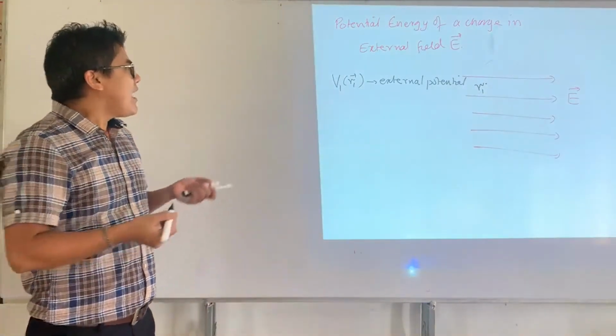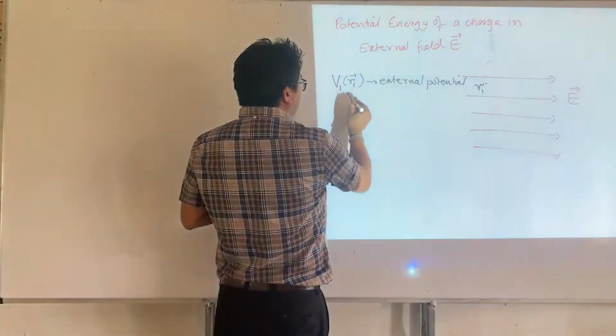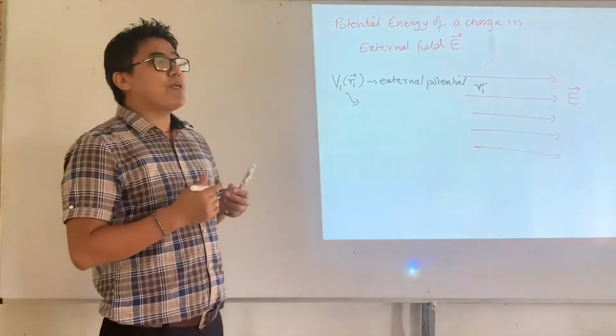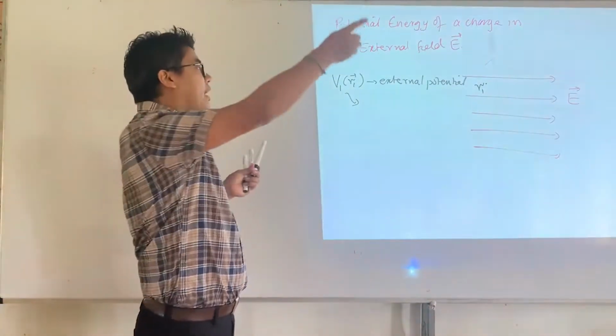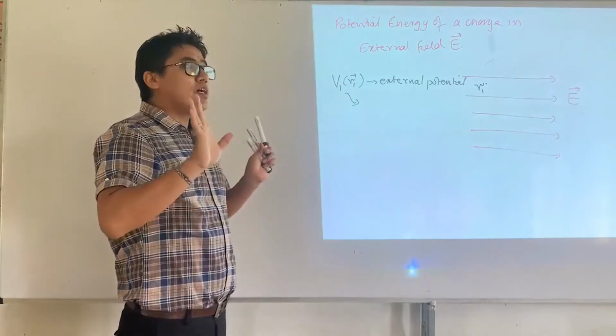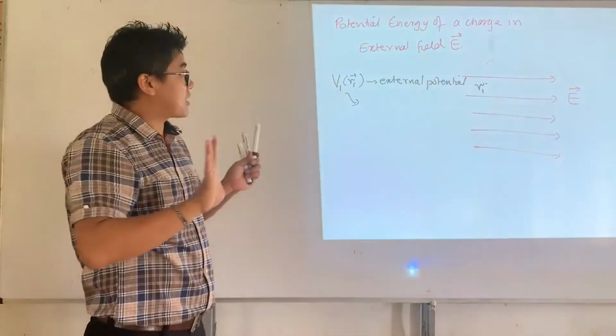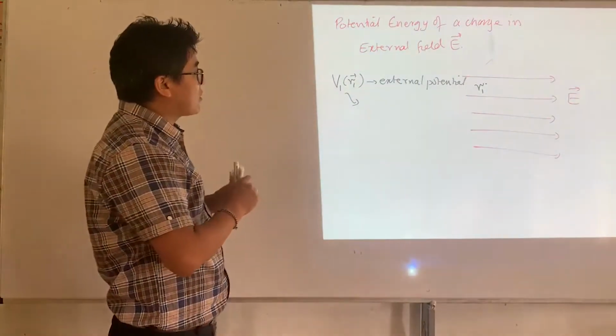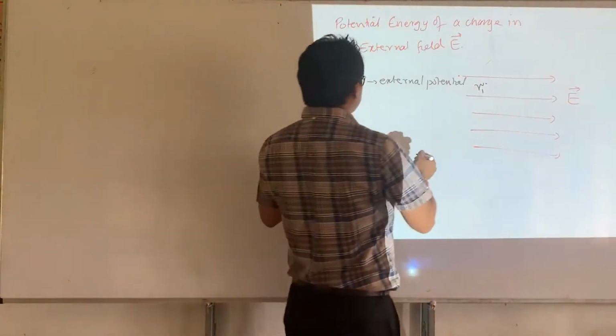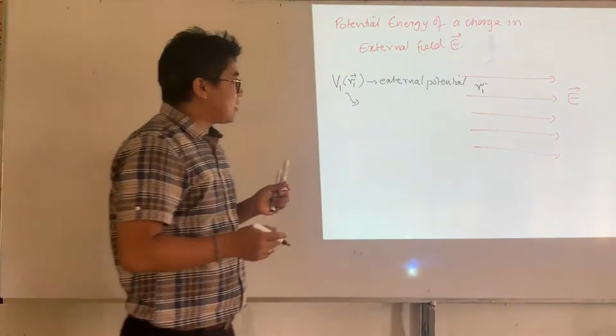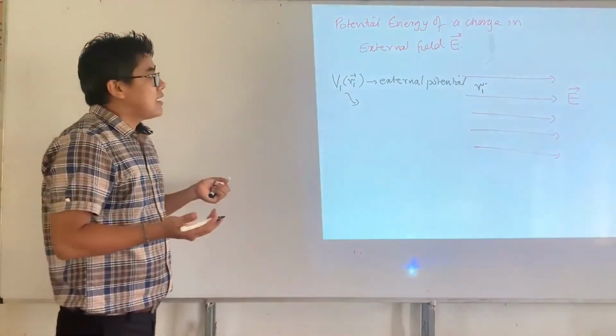This can be defined as the amount of work required to bring a unit charge from infinity to that point, which we define as potential at R1. So I assigned potential V1 at R1. This is the external potential.